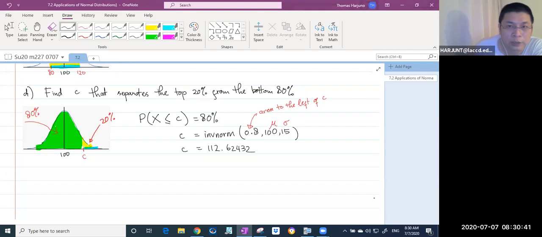But suppose we actually used that policy, then the minimum IQ score we are willing to accept into WLAC College would be 112.6. If you round it to the nearest integer, it will be 113. If your IQ score is 113 or more, then we will accept you. But that's not the case though.